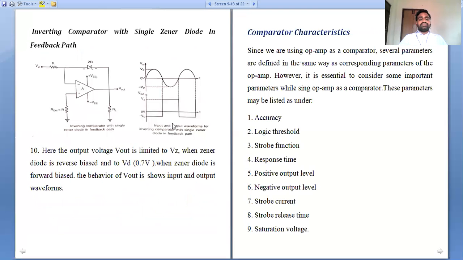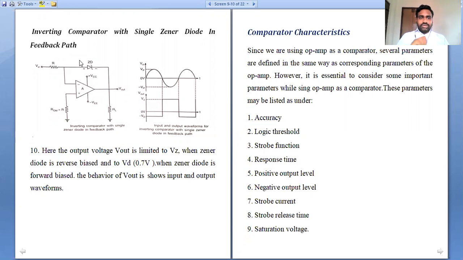Our third classification is an inverting comparator with a single Zener diode in its feedback path. In the previous classifications, we used two Zener diodes in series with the positive and negative voltage limiting, and in the second classification, we used a single Zener diode in series with a rectifier diode, and we observed a maximum positive V saturation.